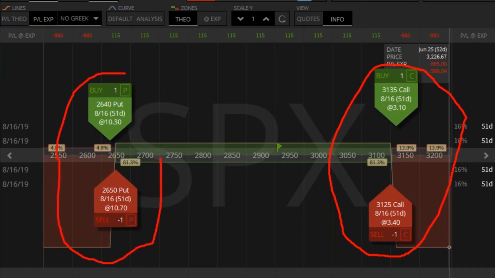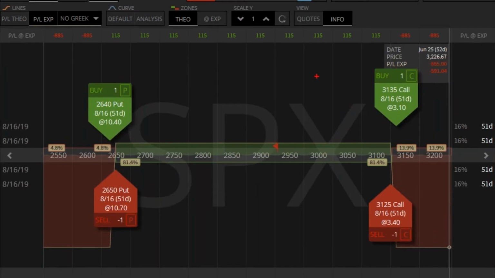In this case, you win if the market stays between your two short strikes, your short strike on the put side and your short strike on the call side. If it stays between there, that's how you win.